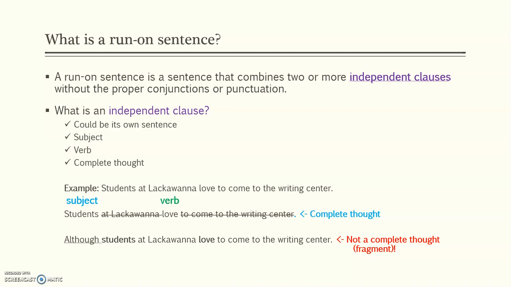So sometimes by adding words like although, it makes it a fragment. If you read this out loud, it sounds like, although students at Lackawanna love to come to the Writing Center, and it makes the reader wonder, well, then what? There will be a lesson on fragments included as well for you to view in the Writing Center tutorials.